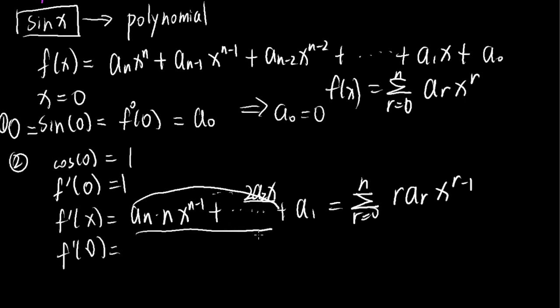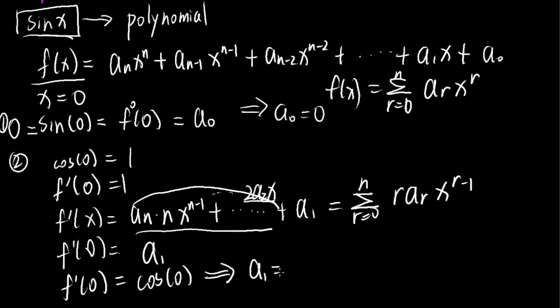As a result, those terms are equal to 0, and the only term left is a_1. In order for the polynomial and sine x to be equal, f'(0) should be equal to cosine 0, so we derive that a_1 is equal to 1.